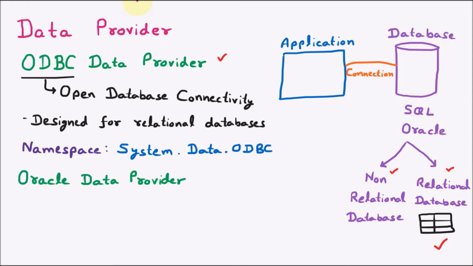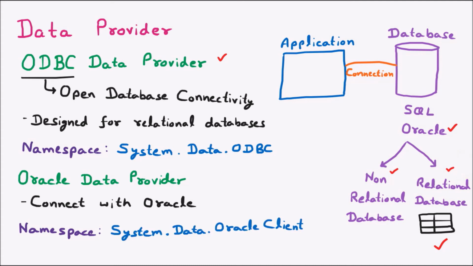As the name signifies, with the help of this data provider, we can connect with Oracle databases. To take this Oracle data provider inside our program, we need the namespace System.Data.OracleClient. So these are the four data providers which are available in .NET.